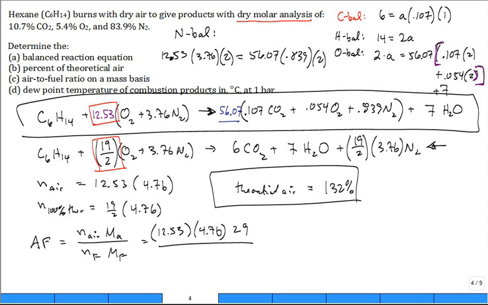Now we had 1 mole of fuel, and we have to get the molar mass of fuel. I look up hexane. I don't see it anywhere in the appendix, but I can calculate it close enough, right? Every carbon is worth 12, and every hydrogen is worth 1. So 12 times 6 plus the 14 gives me 86.